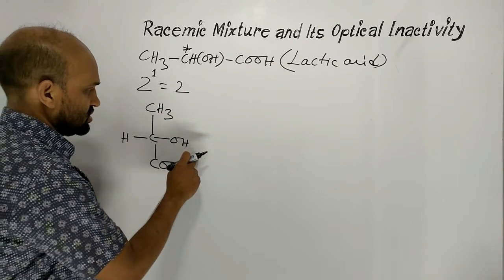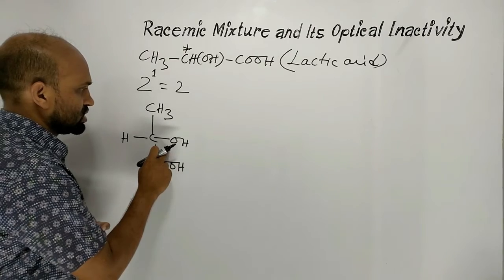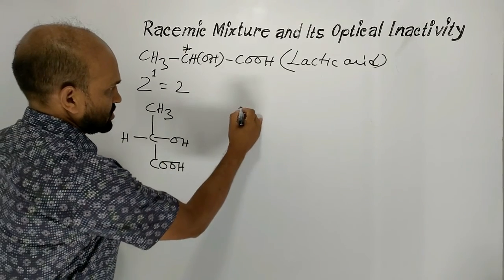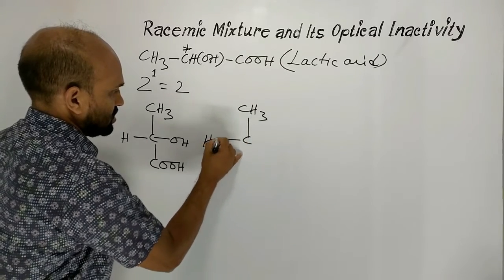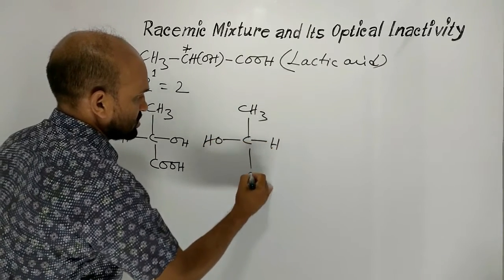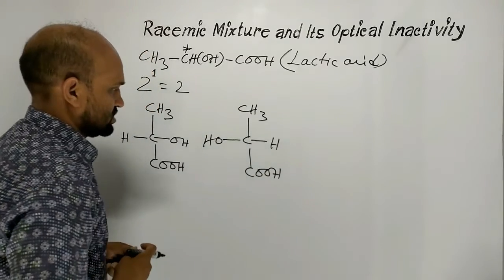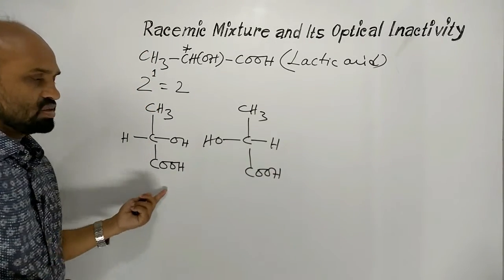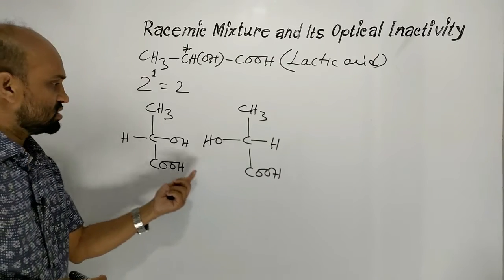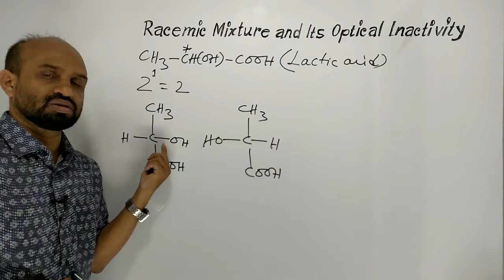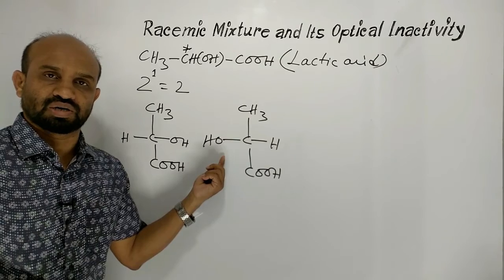Another isomer is just the mirror image of this isomer, that is CH3, C, HOH, COOH. As these isomers are optically active, one is non-superimposable to the other one.